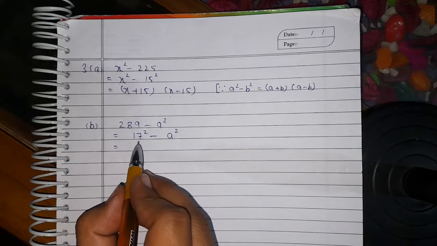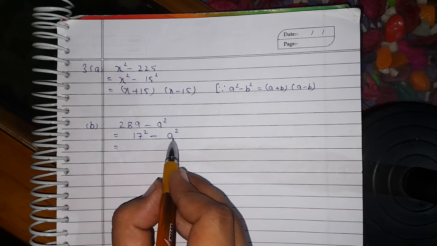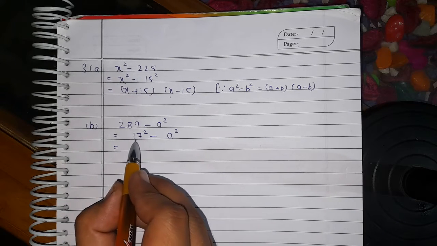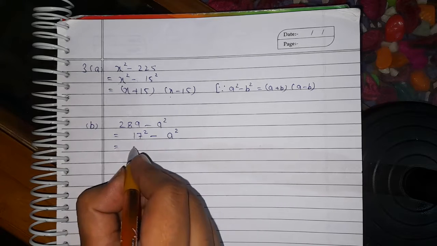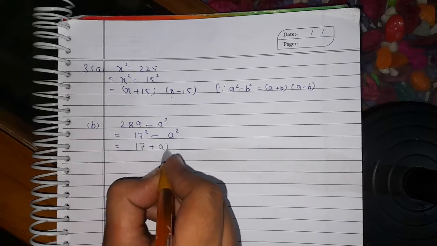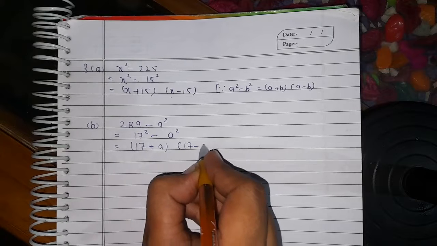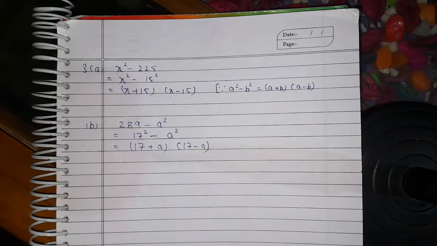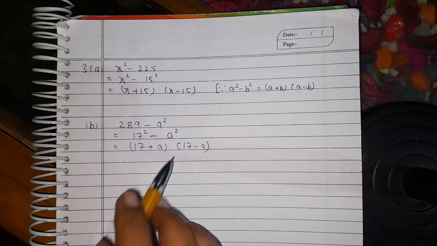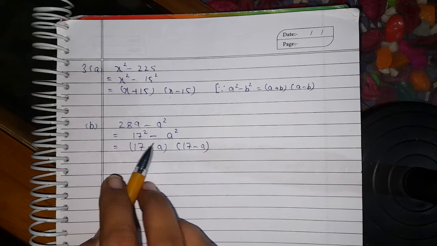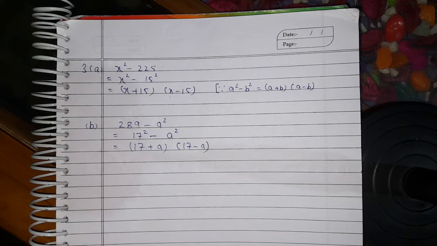Now we will read 17 as a and a as b, so it looks like a square minus b square. So I write (a plus b)(a minus b). Multiplication order does not matter, so in your answer sheet it may be the first term or the second term, no problem.